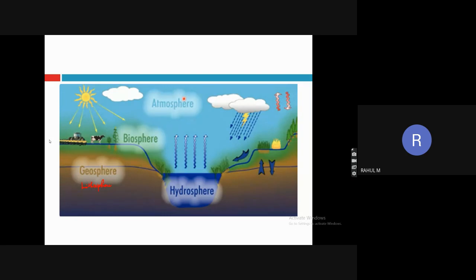Now you can represent these terms as something like this. These are interdependent things. So these are the three spheres, and this one will be lithosphere. Let this one be hydrosphere, and let this one be atmosphere.